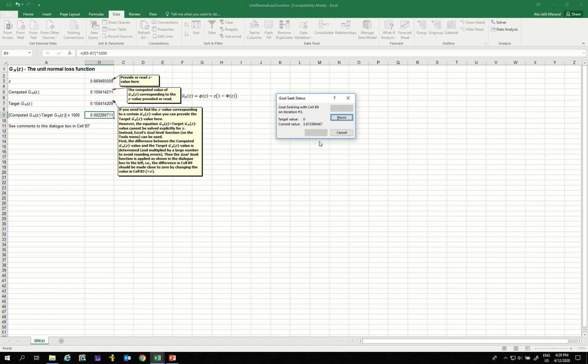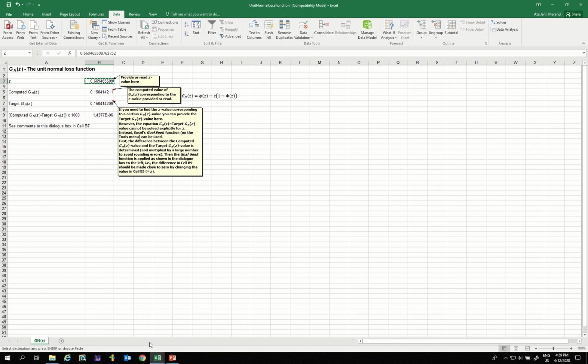Okay, I press OK, and it returns a z equal to 0.669 and so on. This is what I need from here.